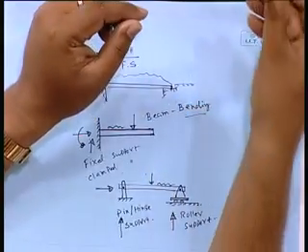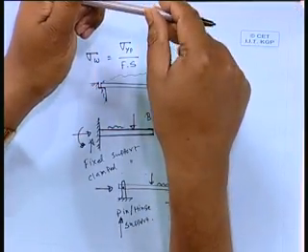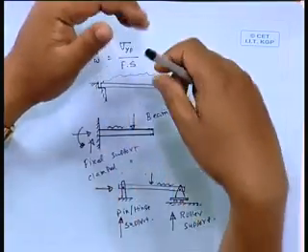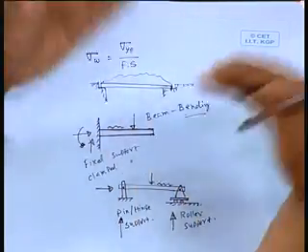Say due to the load it will try to rotate, but it will not allow to rotate. So, as I have already mentioned, when there is a resistance there will be a reaction. When some restraints are there, some reactions will be generated.